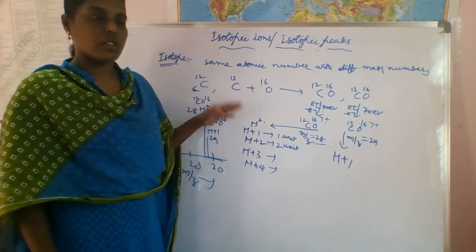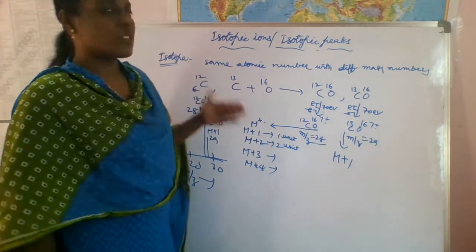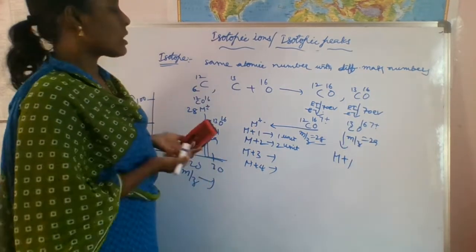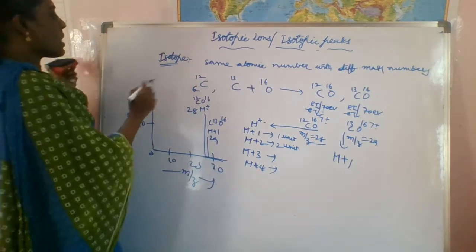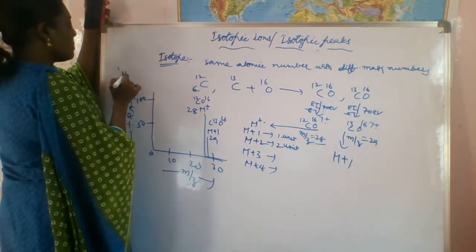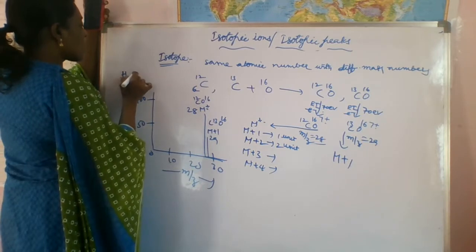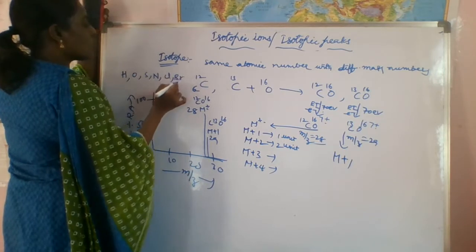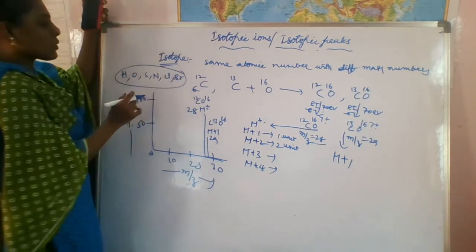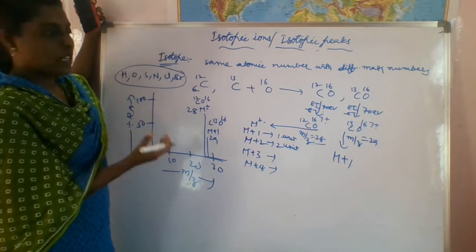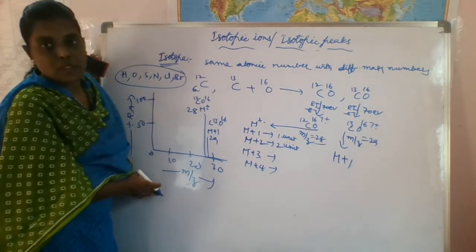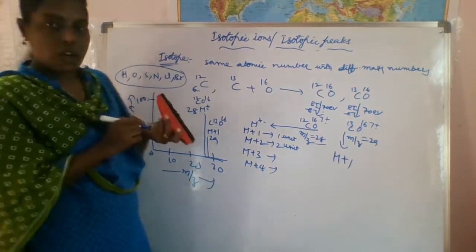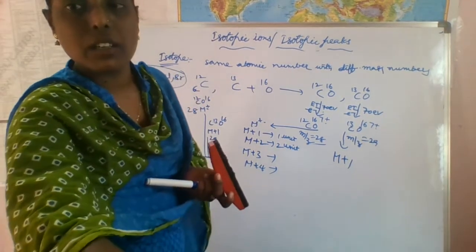Let's see the abundance of various isotopes in nature. There are a number of them, but mass spectrometry can detect only hydrogen, oxygen, sulfur, nitrogen, chlorine and bromine isotopes. Using their isotopic abundances, we can calculate the number of carbon atoms. So let's see how it is possible.